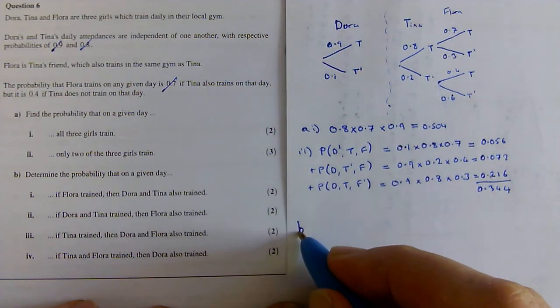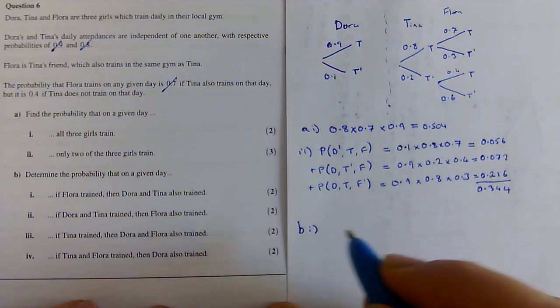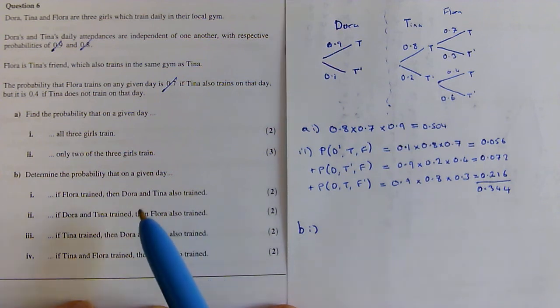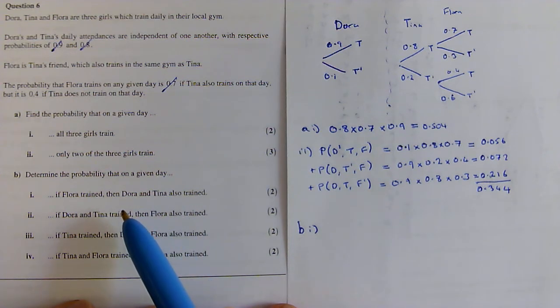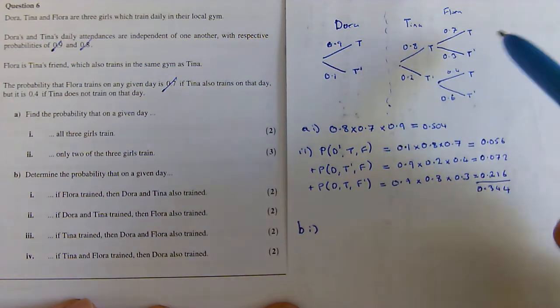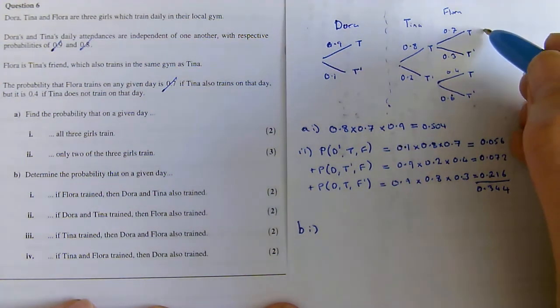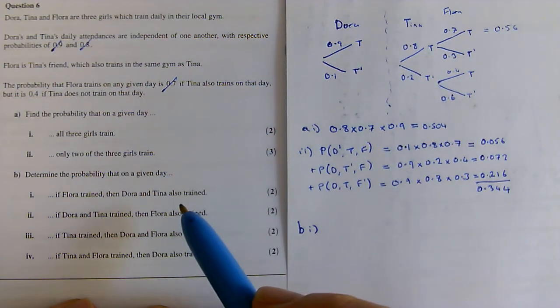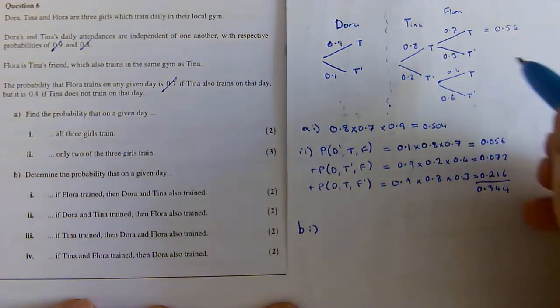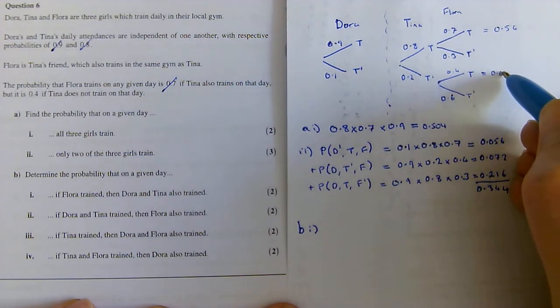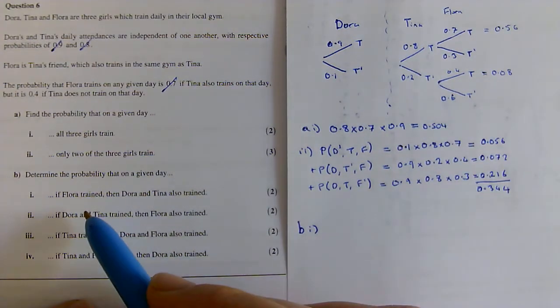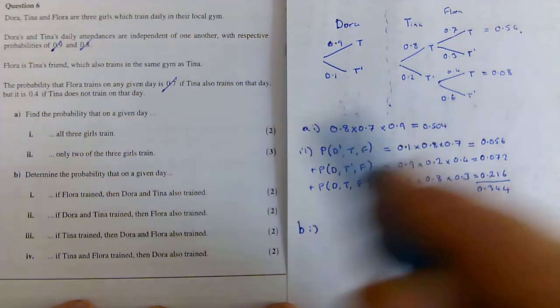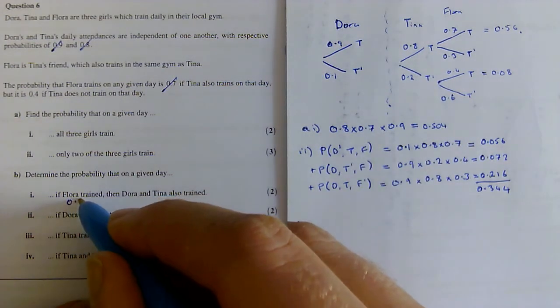For part B, it's asking me to do some conditional probabilities. Given that Flora trained, we know the total probability of Flora training is, well, she either trains here, which is 0.56, or she trains here, which is 0.08. So the probability that Flora trains is 0.56 plus 0.08, which is 0.64.